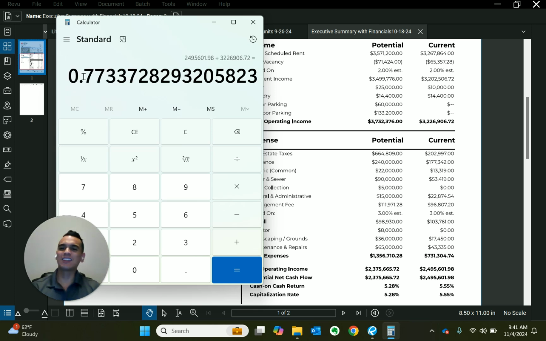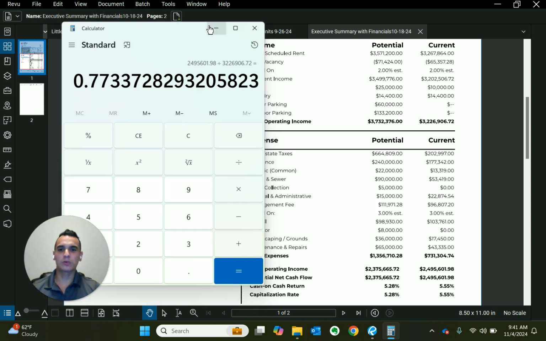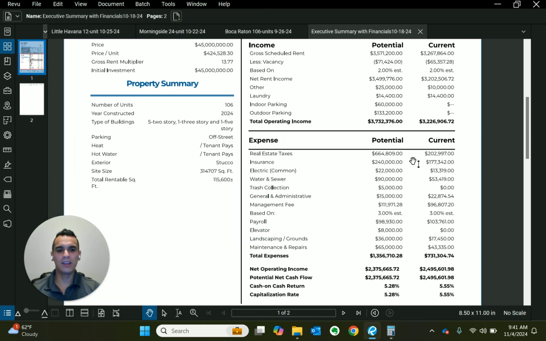And you can see 77% of the rental income is the NOI. So immediately when I did that calculation, I said, hey, there's something not right here. That's where I started to look deeper into it, and I said, hey, why are they jumping so much? And I realized that they're using the expenses of 53 units and the income of 106 units, which is just blatantly wrong.